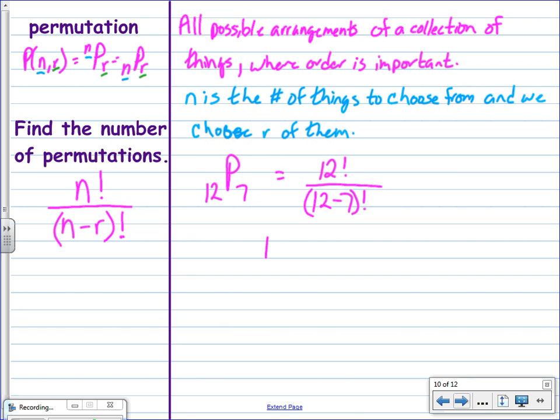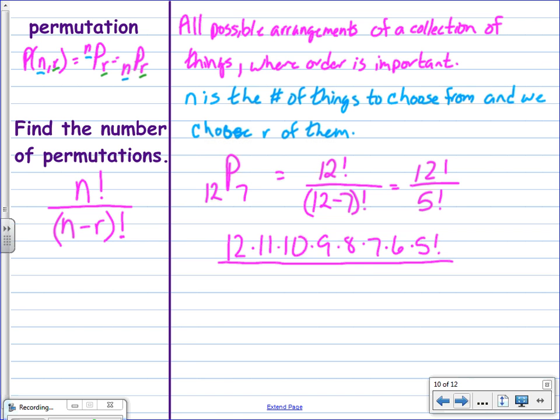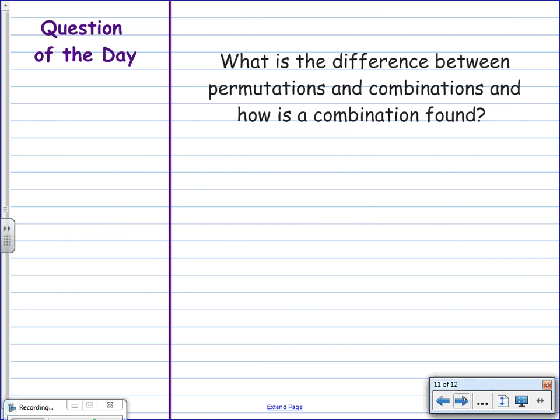So I've got 12 factorial over, what is 12 minus 7? 5 factorial. Okay? So I've got 12 times 11 times 10 times 9 times 8 times 7 times 6 times 5 factorial, all over 5 factorial. So that makes a 1. You multiply all that together, and I want you guys to bring me the answer. Okay? All right, awesome.